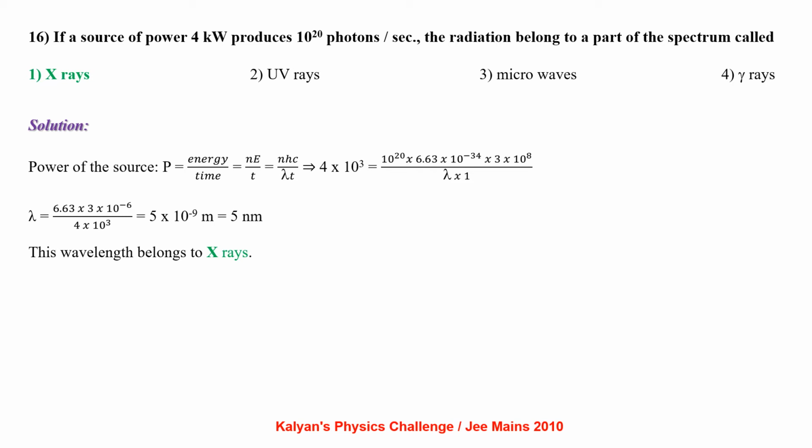Now 4 into 10 power 3, that is power 4 kilowatt, equal to 10 power 20 into 6.63 into 10 power minus 34 into 3 into 10 power 8 by lambda into time 1 second. From there lambda comes out to be 5 nanometer, which belongs to X-rays.